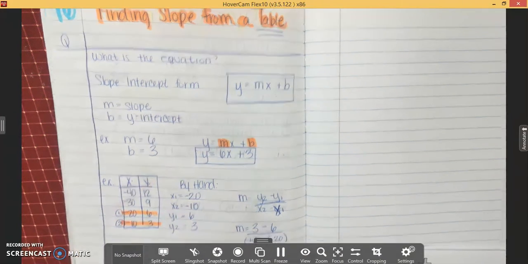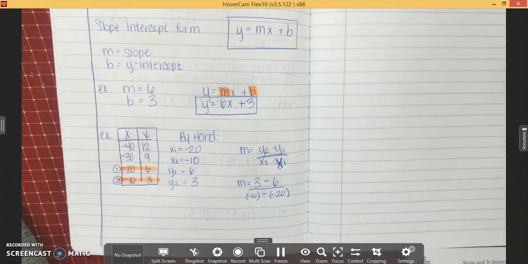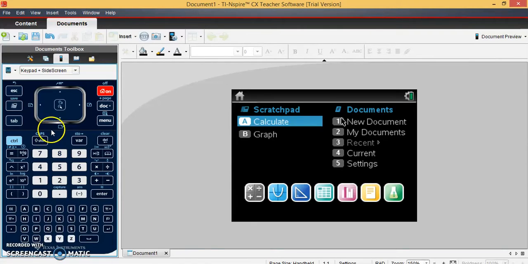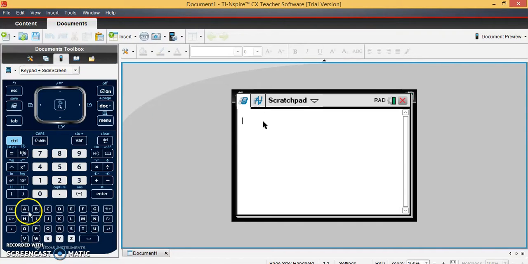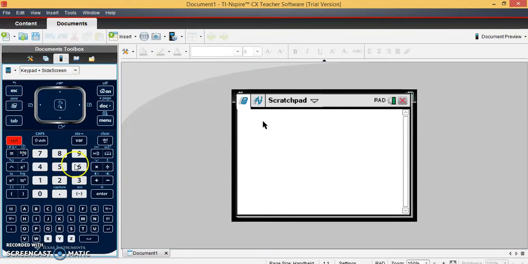When I put that into my calculator, control divide, I have 3 minus 6 over negative 10 minus negative 20.